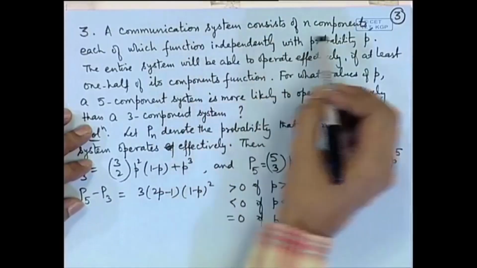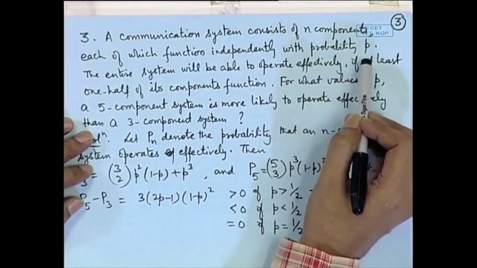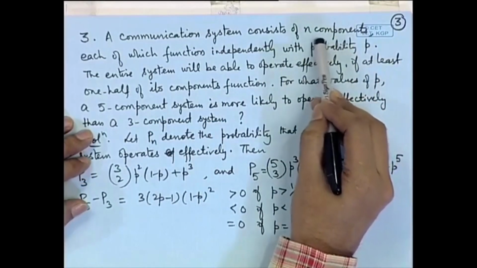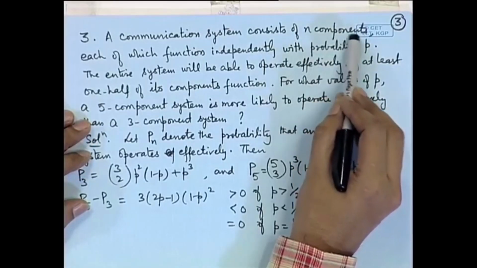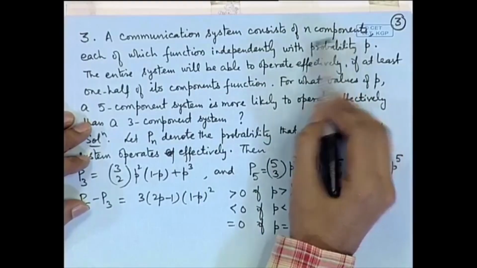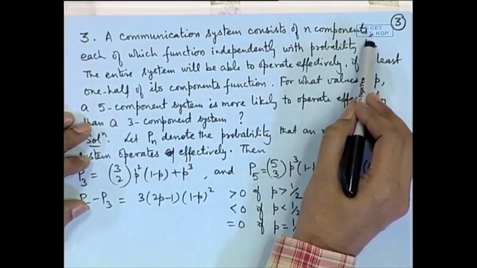A communication system consists of n components, each of which functions independently with probability p. Once again, functioning of components is a Bernoullian trial, because the component may fail or it may not fail. If it is working, the working probability is p.